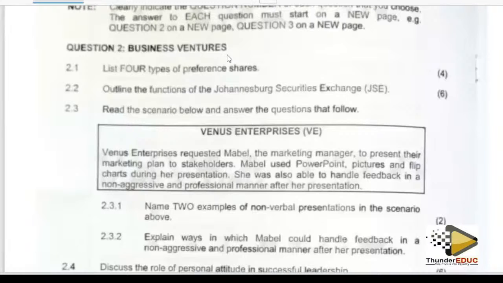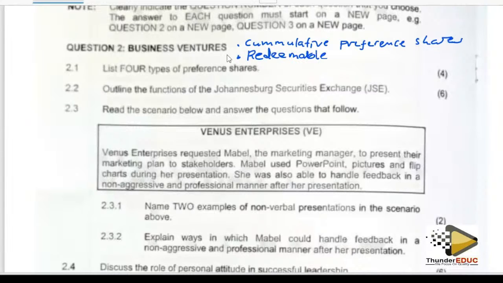So now here we are saying that we have cumulative preference shares, and then we have redeemable preference shares, and also we have convertible preference shares, and lastly we have non-convertible preference shares.